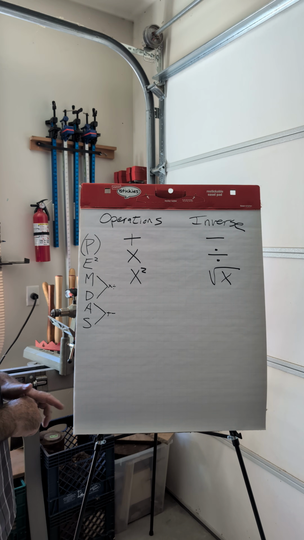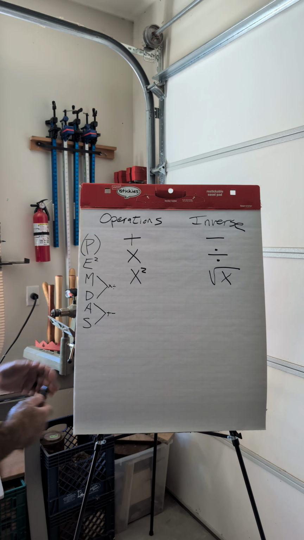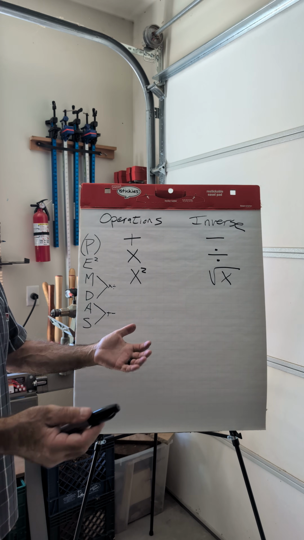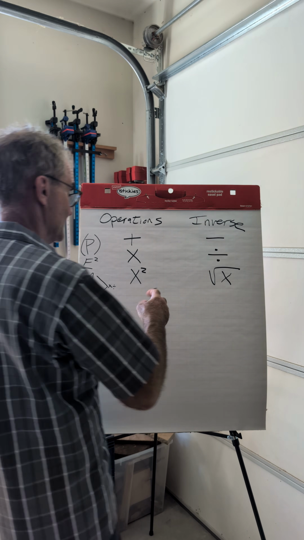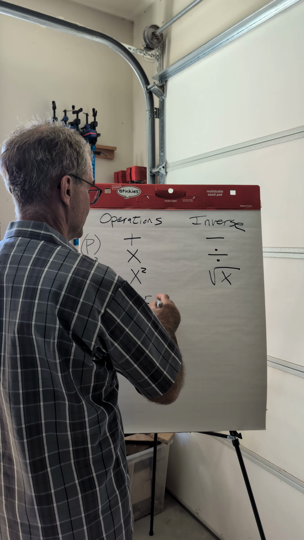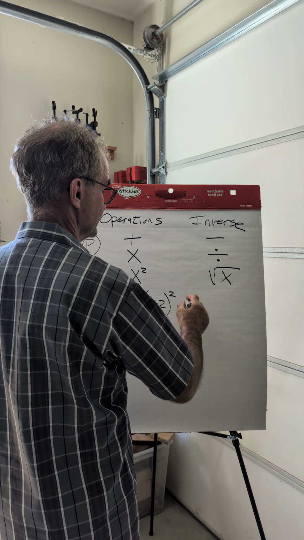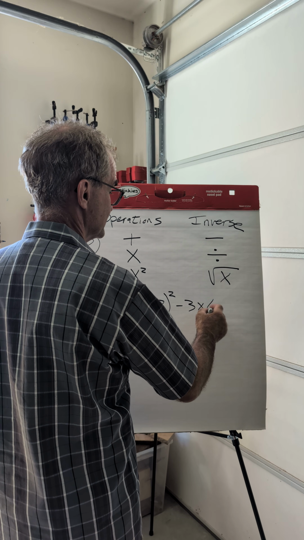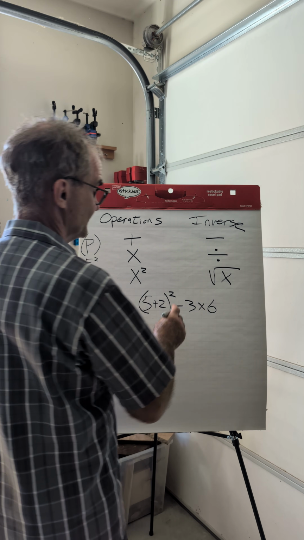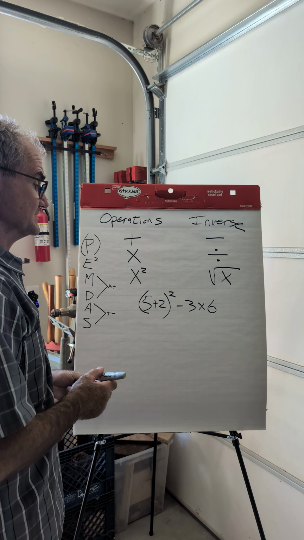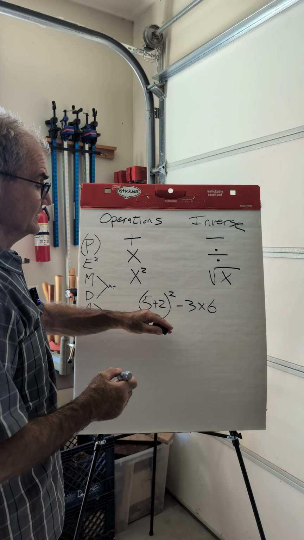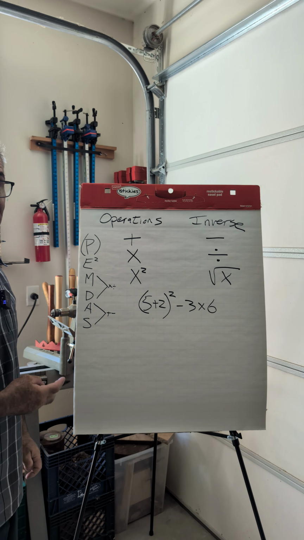So before we even go into algebra, let's just take a look at an expression with no letters in it. So if I have 5 plus 2 quantity squared minus 3 times 6. Before I do this, this is an expression. And what I need to do here is follow this order of operations.